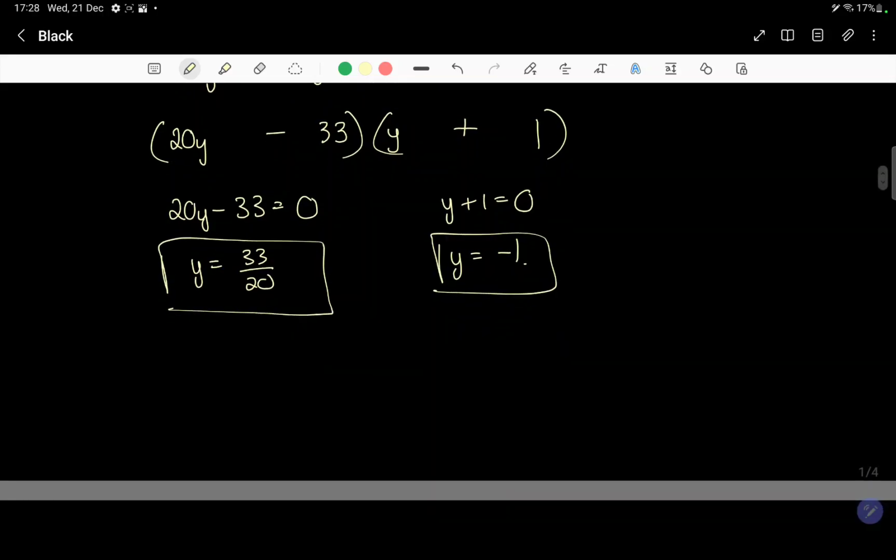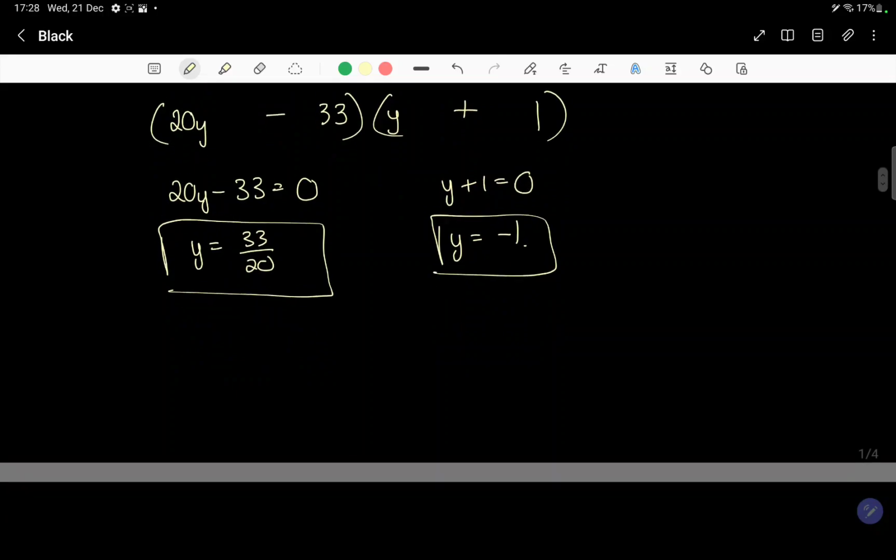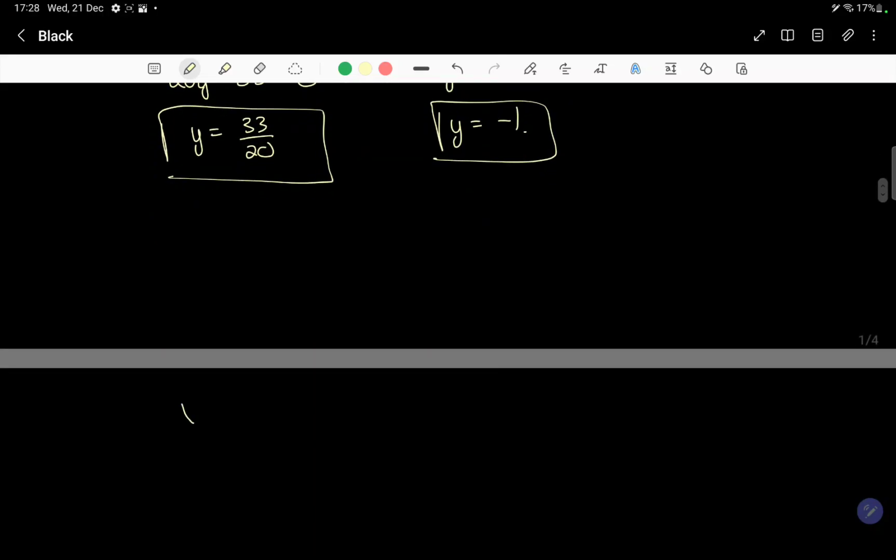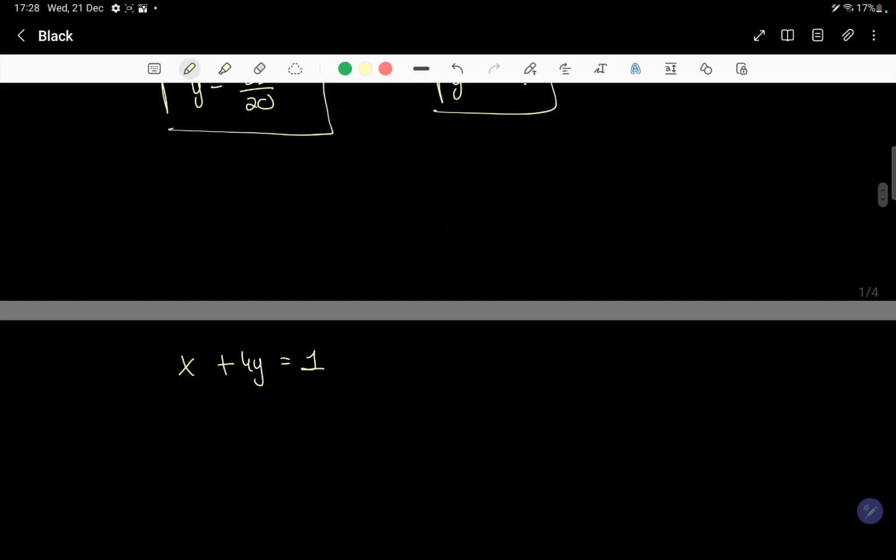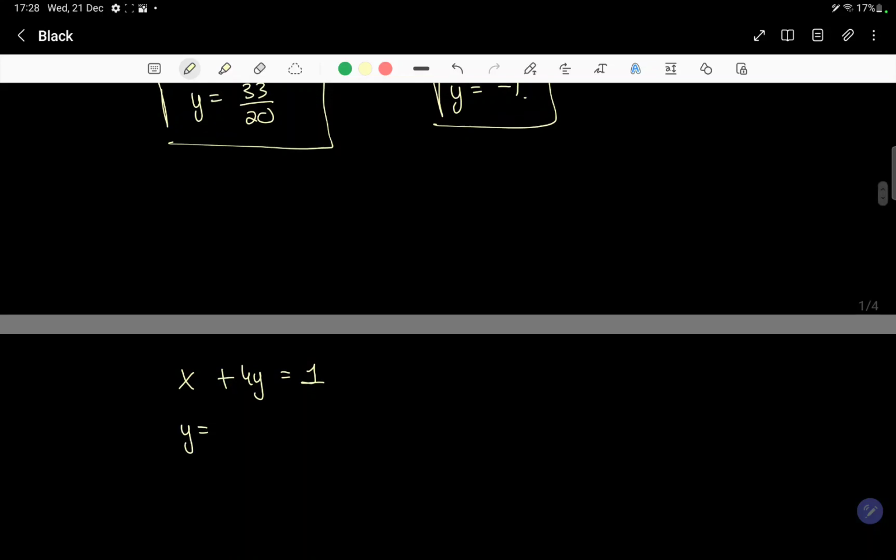Now we just need to get the 2 corresponding x values. And we can do that by using the linear equation. So we don't need to put it into the other equation that contains the power. So we have 2 y values. So let's find when y is equal to 33 over 20 first.